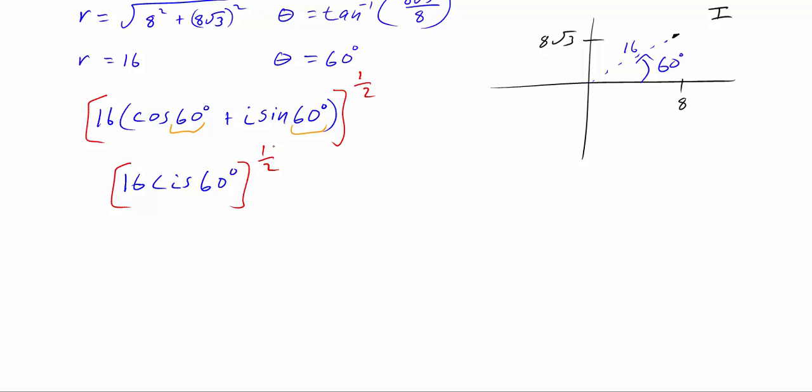Remember, we would take the power, which in this case is the 1/2, and we would take the 16 and raise that to the 1/2 power. And then that would be multiplied here. We would have our CIS, and then the 60 degrees would also be multiplied by 1/2.